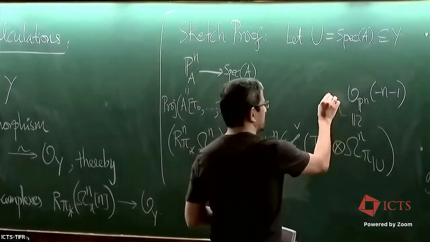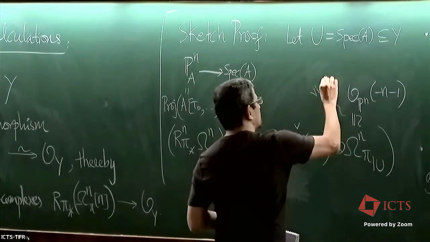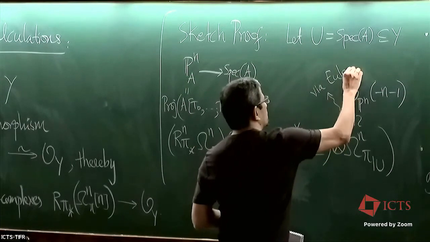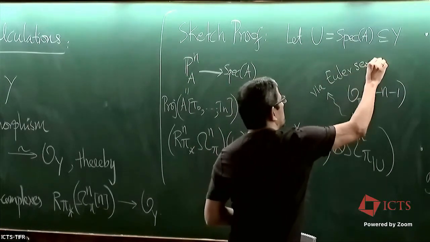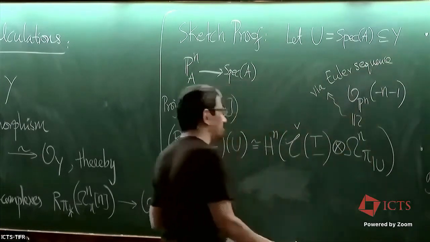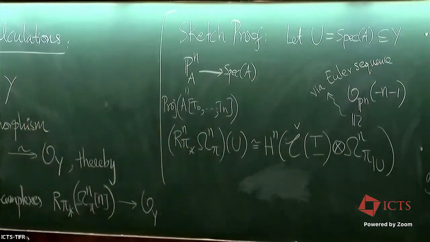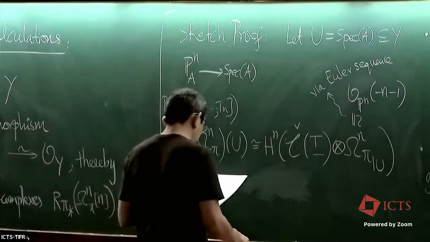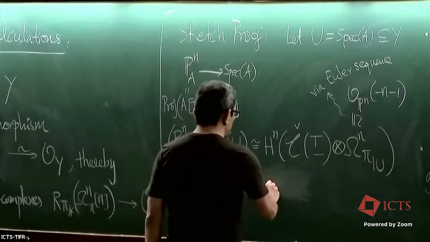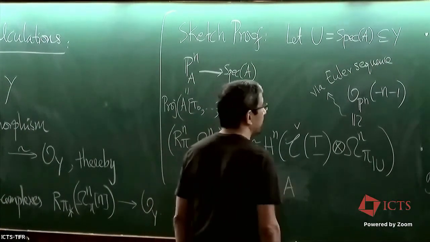So this is via the Euler sequence. So there's an exact sequence which involves omega^1 as a syzygy. And if you use that, then you can prove this. And then there's an explicit calculation which will show that this is isomorphic to A.